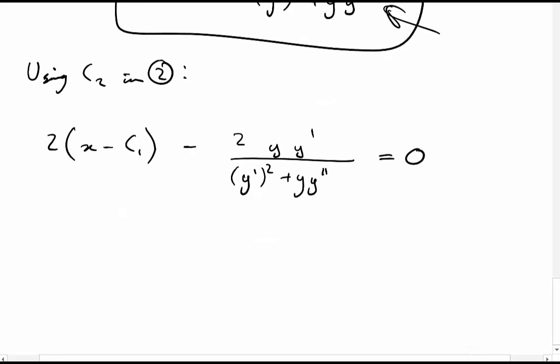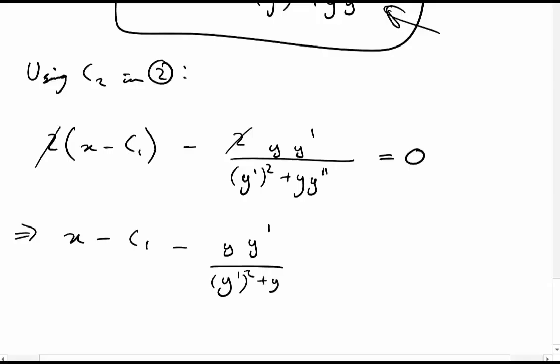Now I can hopefully rearrange all this to find out what C1 is. I end up with 2 here and 2 there, so I can cancel those off and divide through by 2. So I end up with x minus C1 minus y dash over y dash squared plus y double dash, equals 0. Well, I'm going to take this last term over to the other side.